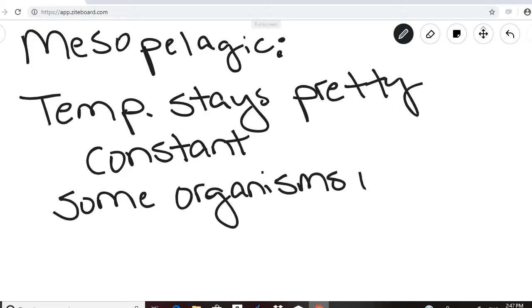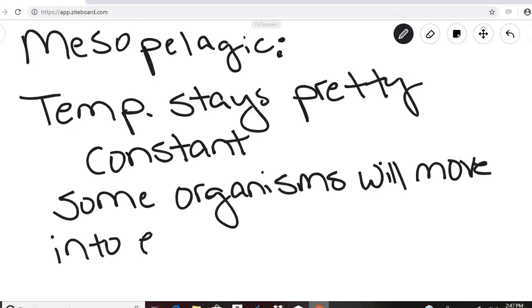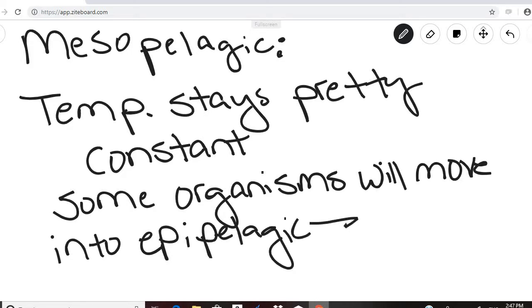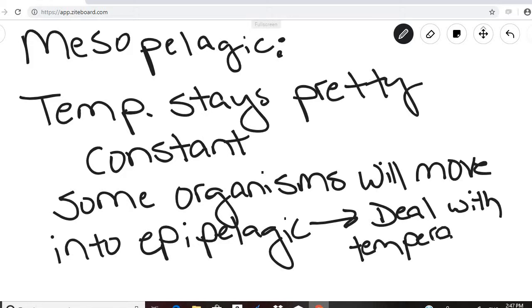So some organisms will move sometimes into the epipelagic, and if they do that, they're going to have to deal with temperature change. So you do get some of that vertical migration.